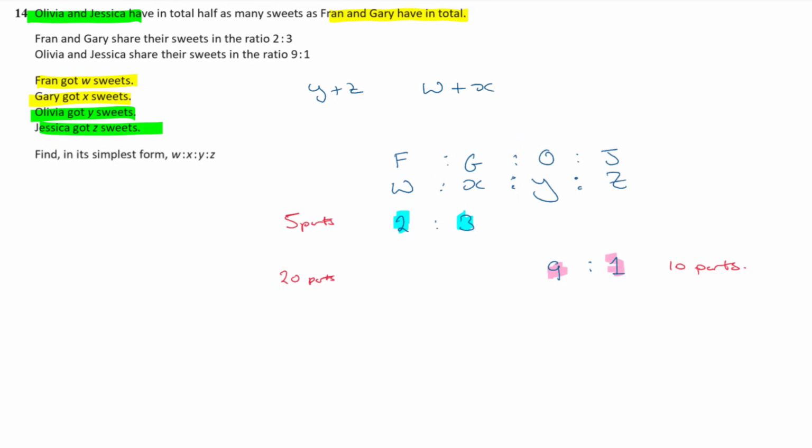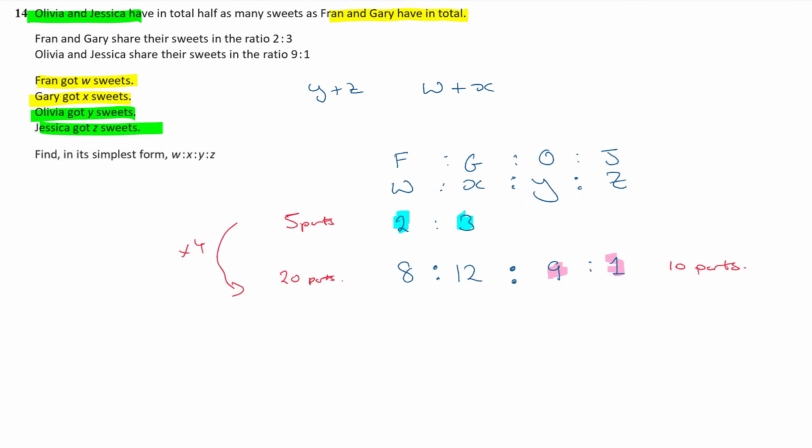Okay, so that means we need to scale up our Fran and Gary parts by a factor of 4. So if I multiply the ratio of 2 to 3, I'm going to get the ratio of 8 to 12. Now that should then match with the other two, because now we're in the ratio of 20 parts to 10 parts, which is twice as many for Fran and Gary as Olivia and Jessica got.